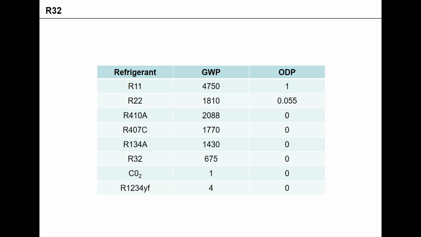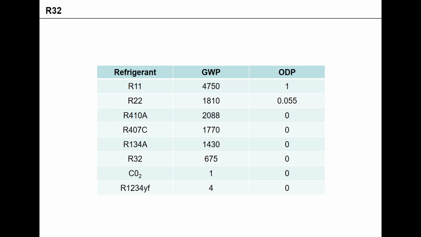Here you can see the table of various refrigerants with their global warming potential and ozone depletion. Nowadays R11 and R22 are almost in a phase out situation. You can see here R410A has a GWP of 2088 and R32 at 675 is almost one third less.